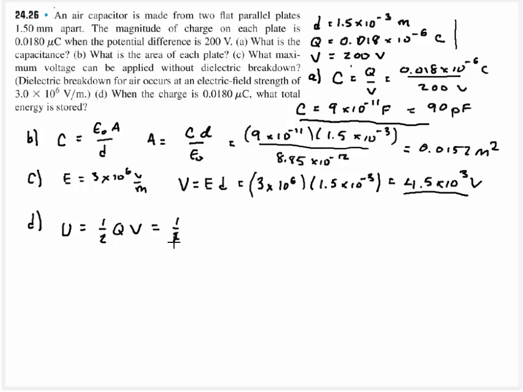So it's going to be 1/2 multiplied by the charge, 0.018 times 10 to the minus 6, and then 200 volts. And I'm going to come out with 1.8 times 10 to the minus 6 joules, or 1.8 microjoules, if you will.